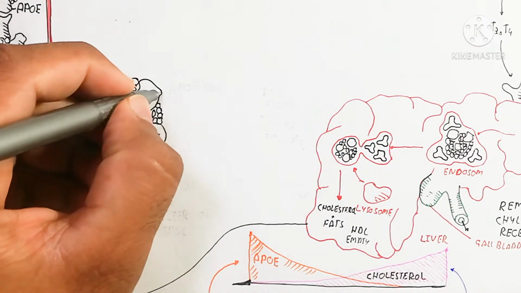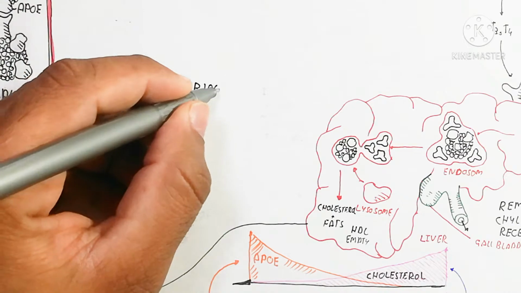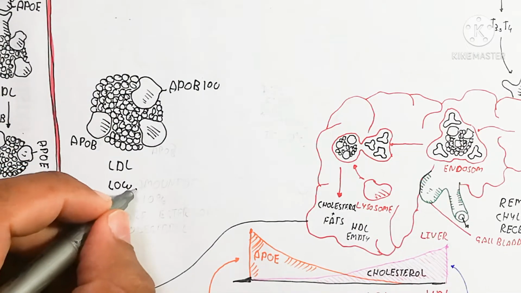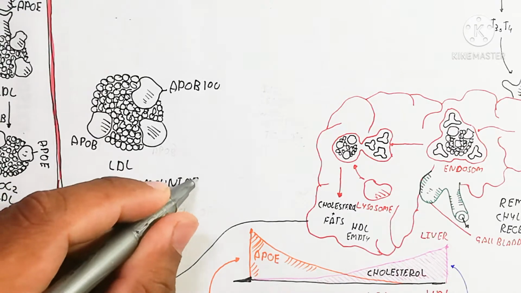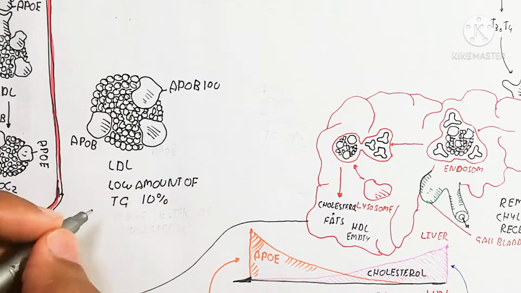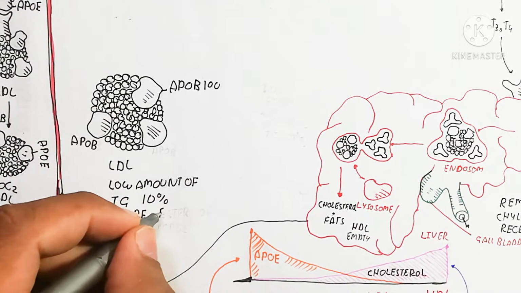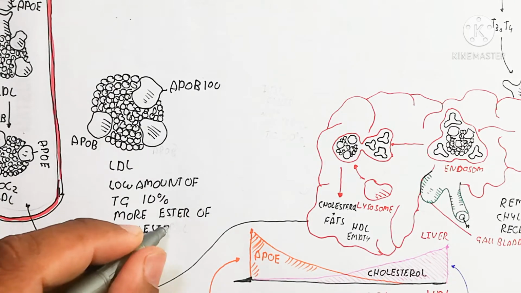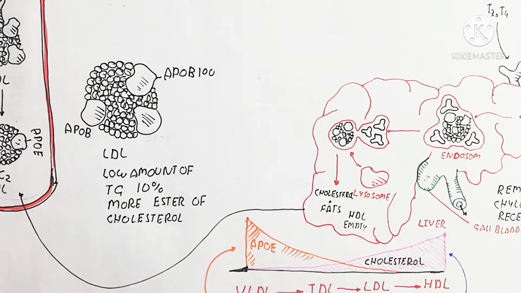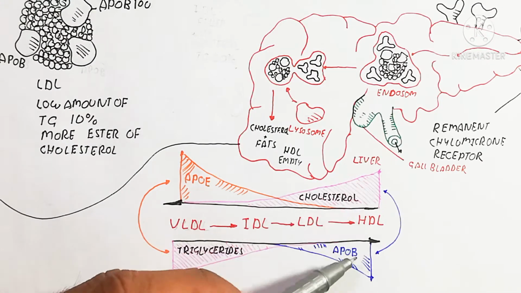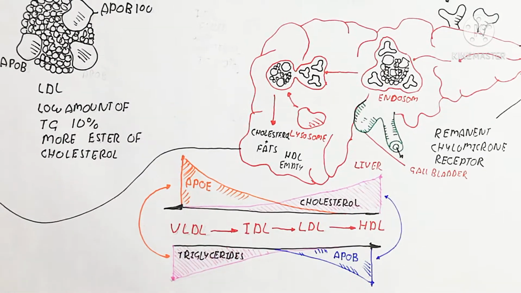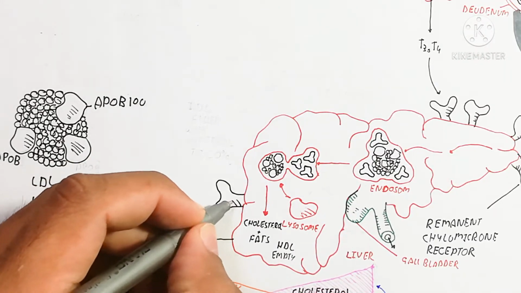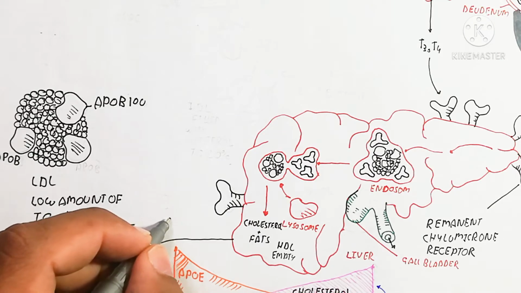On the other hand, the low density lipoprotein contains only ApoB. So the low density lipoprotein contains 100% ApoB, which contains a high amount of cholesterol but a low amount of triglyceride after the donation to the tissue. So the LDL has a low amount of triglyceride, 10%, and more cholesterol ester.